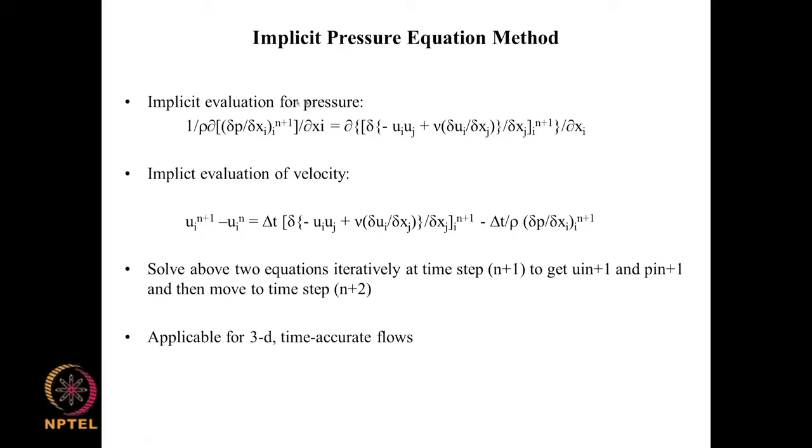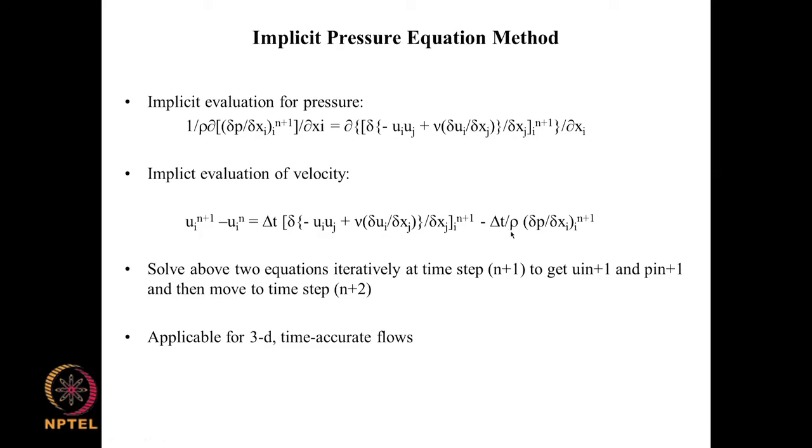So, you put this back here and solve these iteratively together until convergence, and at that point you have p ijk n plus 1 and u ijk n plus 1. Having gotten a solution for these two equations simultaneously, you go back and solve for u i n plus 2 and p i n plus 2, again by solving these two equations iteratively.